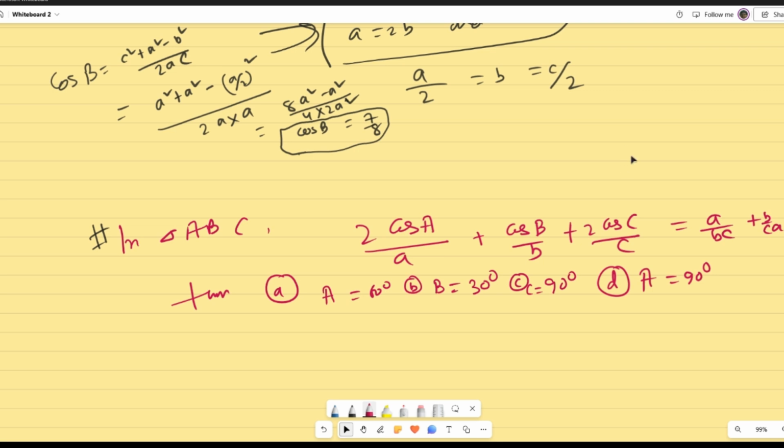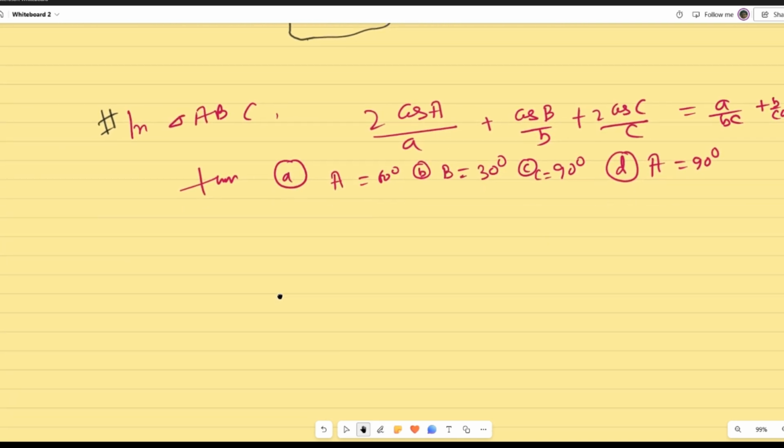How to? For this kind of thing, angles and lengths of sides and cosine are related. Okay? So we'll be using the formula directly. Formula for what? Formula for cosine. From the given condition, put the value of cos A and then add.